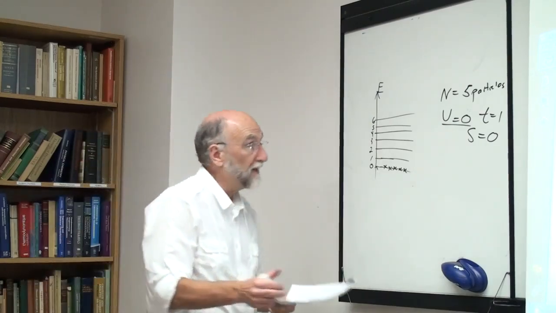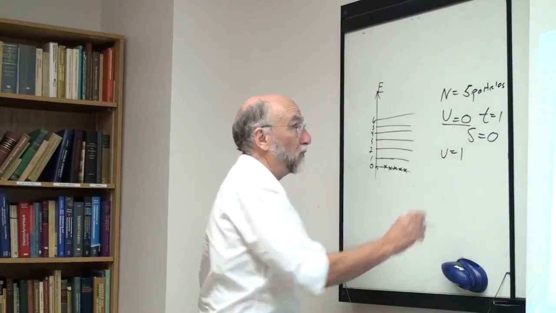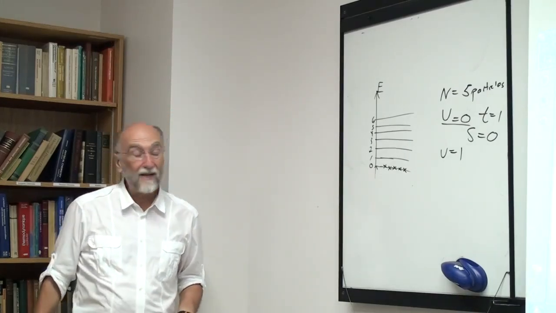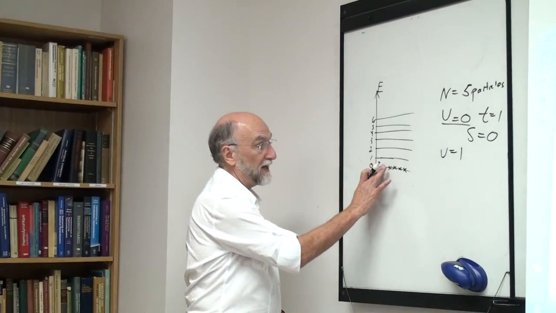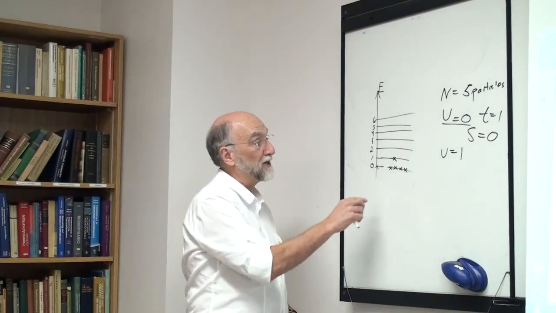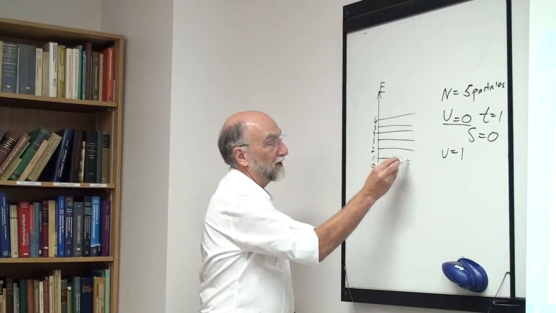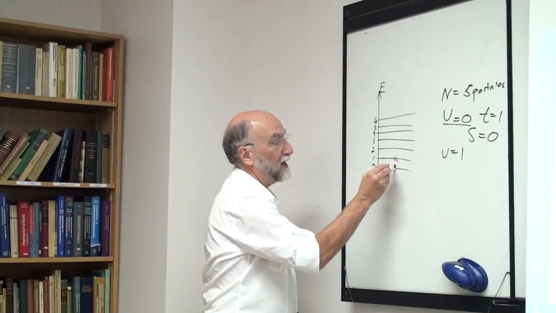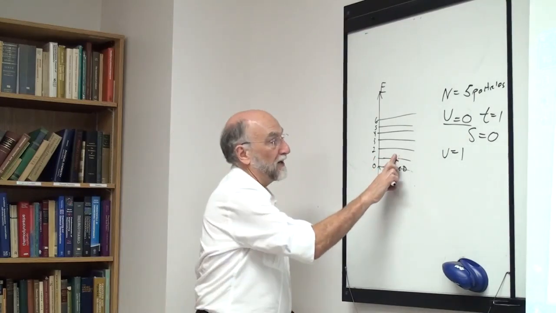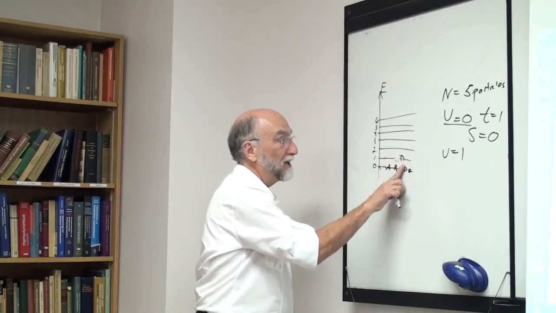Okay, let's suppose we heat it up a little bit. We make U equal to 1. Now classically there are 5 microstates. You could have 4 particles here and 1 particle here. Well, the particles now are distinguishable, so we're going to call them particles A, B, C, and D, and particle E could be up here. Or particle E could be down here, and particle D could be up here.